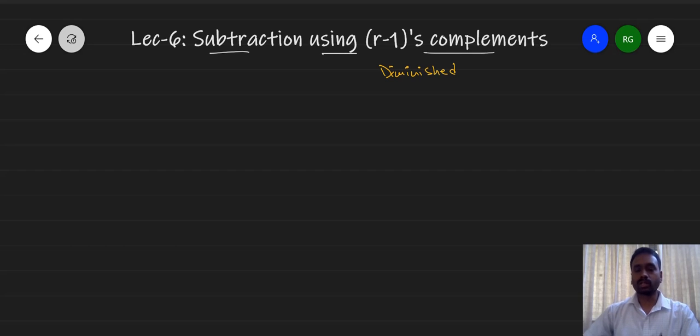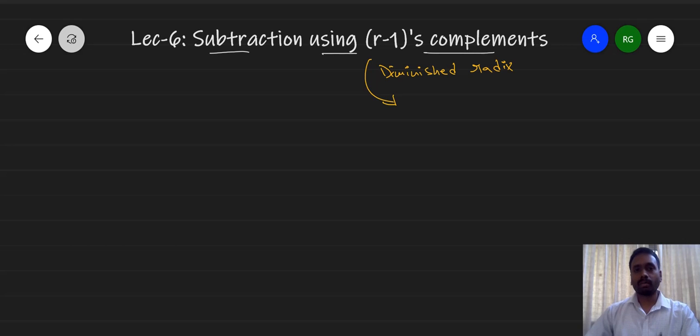So if you want to perform the subtraction using r-1's complement, the value of r-1 changes with respect to the number system.